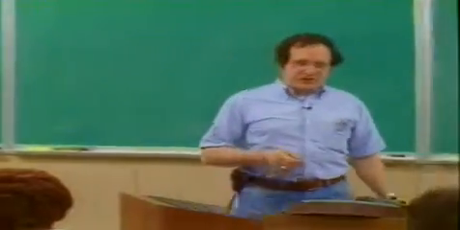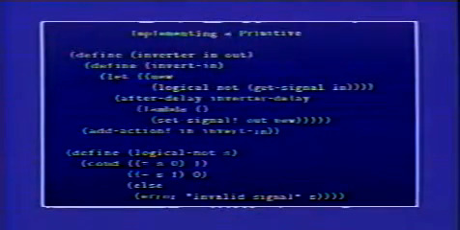Okay, so let's look at a particular primitive. An inverter is a nice one. Now, inverter has two wires coming in, an in and an out. Somehow, it's going to have to know what to do when a signal comes in.